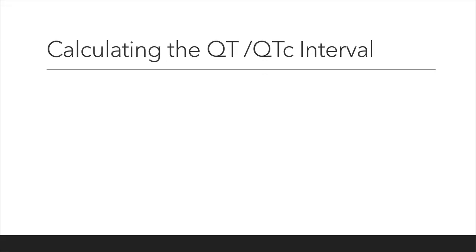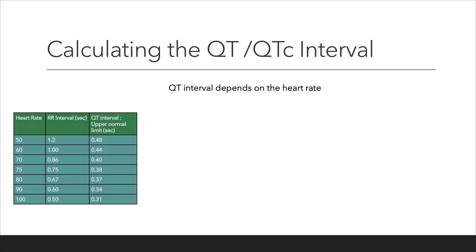So, how do we calculate the QT or the QTc interval? Now, the QT interval depends on the heart rate. So this is one interval which is going to vary with your heart rate. If you look at this chart, we see that as the heart rate increases, the RR interval reduces. You see that?